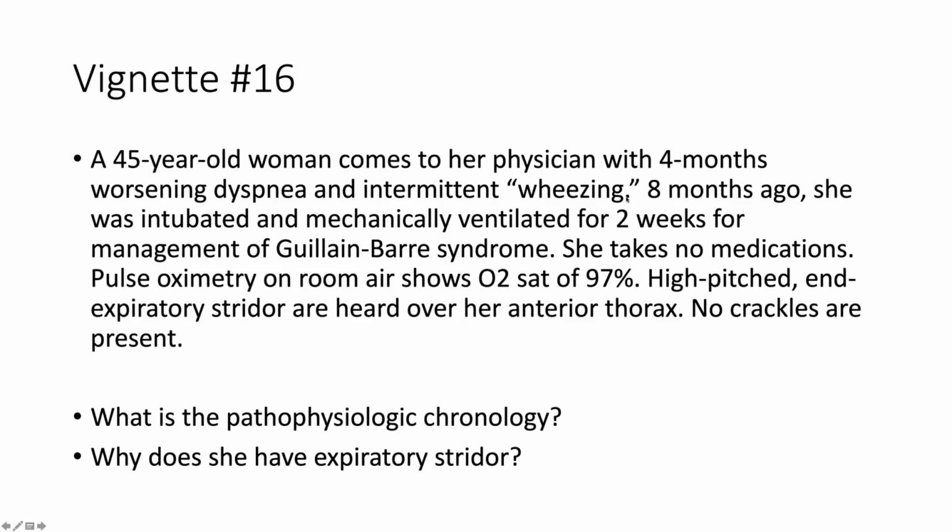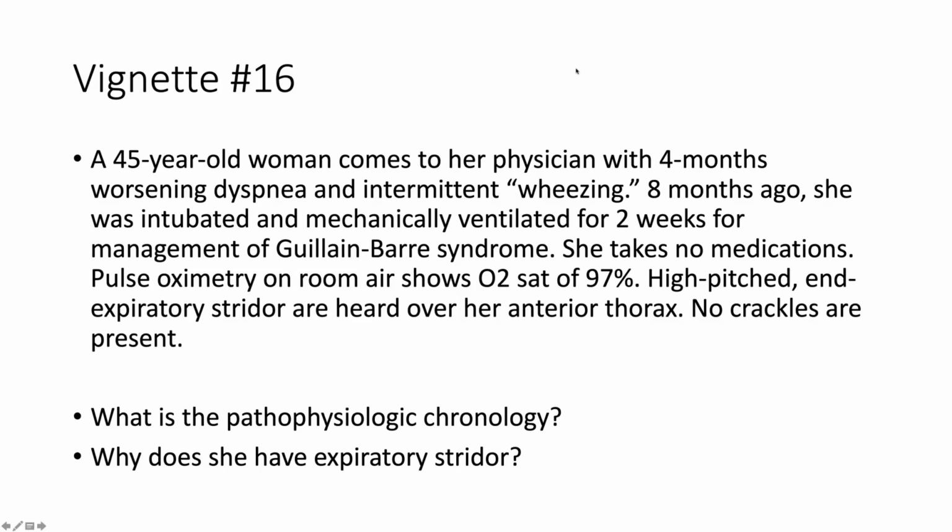So a 45-year-old woman comes to her physician with 4 months worsening dyspnea and intermittent wheezing. 8 months ago, she was intubated and mechanically ventilated for 2 weeks for management of Guillain-Barré syndrome. She takes no medications.